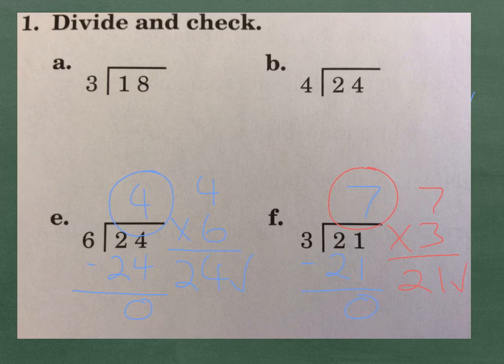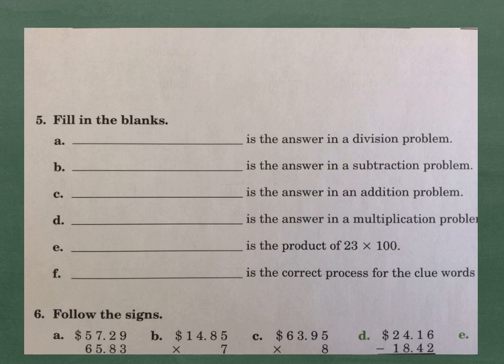Go ahead and turn your page over. Look at number 5. It's asking us these problems. We're going to have to write some answers down here. The first one is, blank is the answer to a division problem. If you know it, don't say it out loud, but go ahead and write it down. Don't let your neighbor see. See if you can do it on your own.